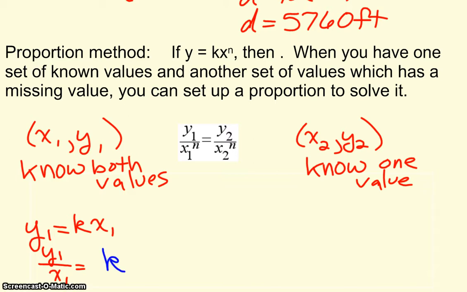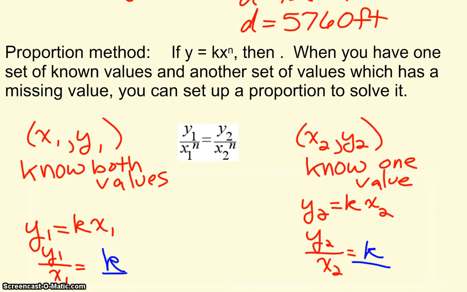On our other set of values, we could also start with y2 equals k times x2, or y2 over x2 equals k. Notice on both circumstances, because the values are all related, the constant has to be the same. Since they both equal k, it means they equal each other. So our general formula would be y1 over x sub 1 equals y sub 2 over x sub 2. In the next example, we'll demonstrate how this can be done.